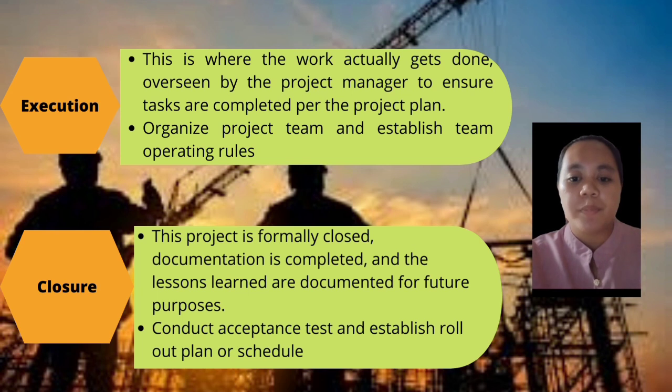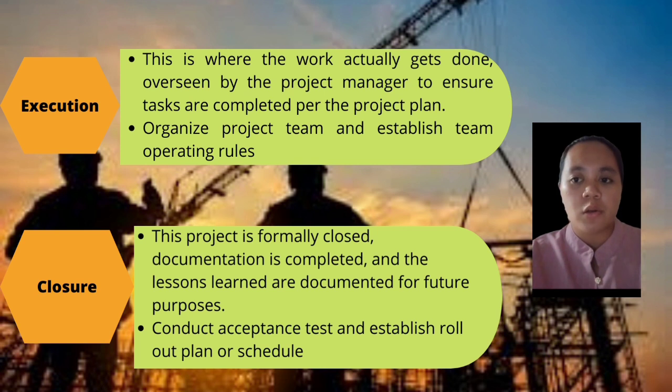The third phase is execution. This is where the work actually gets done, overseen by the project manager to ensure tasks are completed per the project plan. In execution we also organize a project team and establish team operating roles.